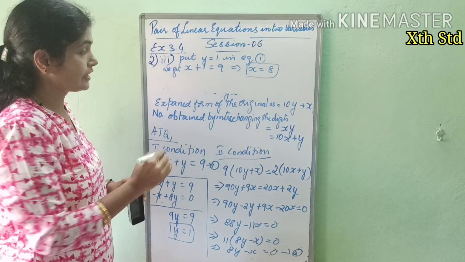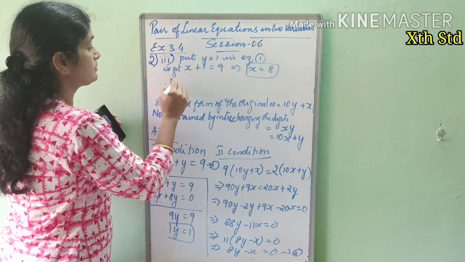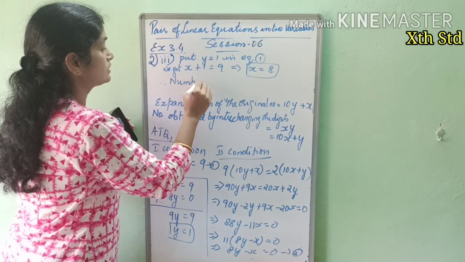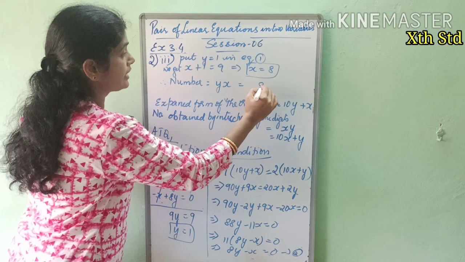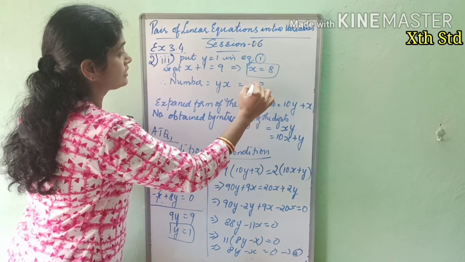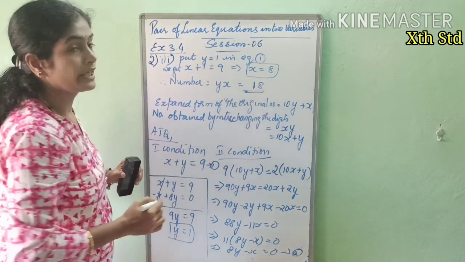Fine. Therefore, what is the number? The number we have taken is yx. So x is 8, and this is 18. Therefore, the number obtained is 18.